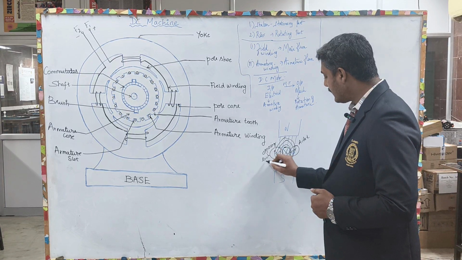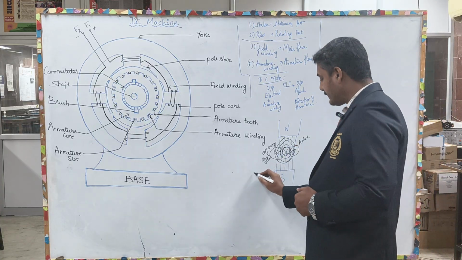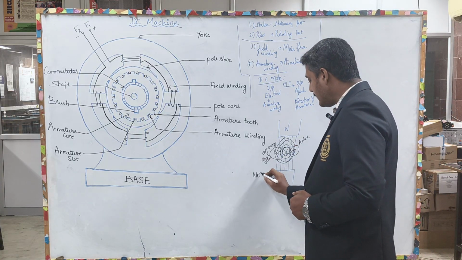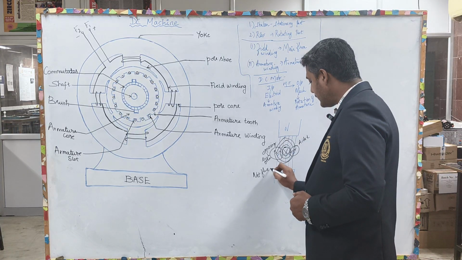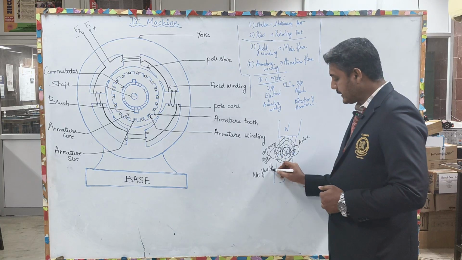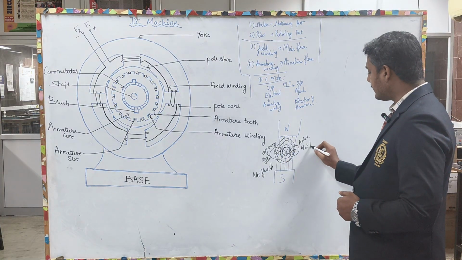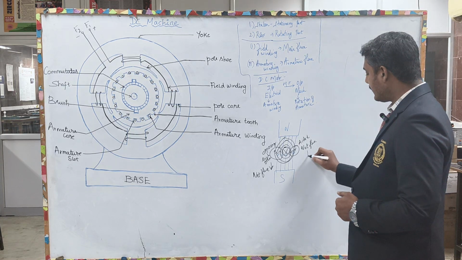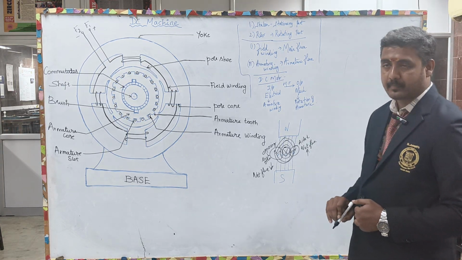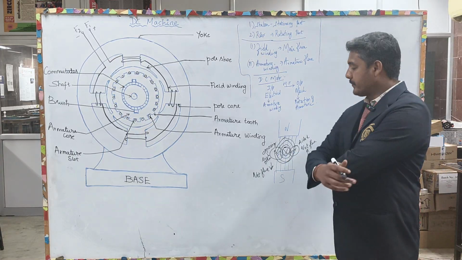Therefore, the net flux here is lower or decreases. Here, the net flux increases, because it is aiding in nature and it is opposing in nature.